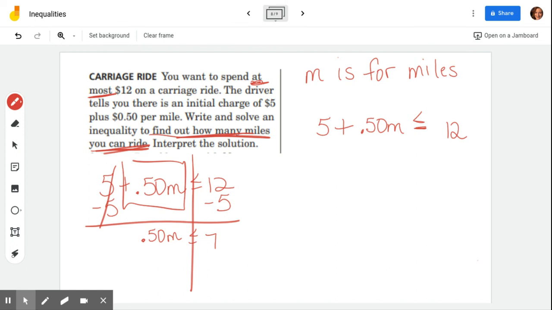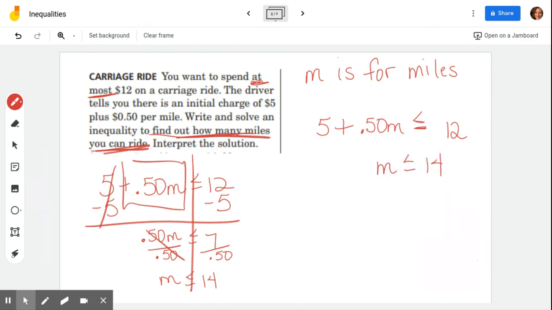The opposite of multiplying by 50 cents is dividing by 50 cents. We can do this in our heads. It takes 2 of those 50 cents to make $1. We're trying to get to $7. So you would need 14 of those 50 cents to equal up to your $7. So M is less than or equal to 14. I'm going to write that up here. M is less than or equal to 14.